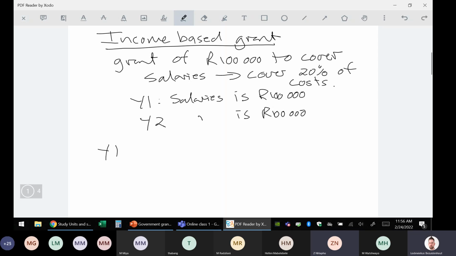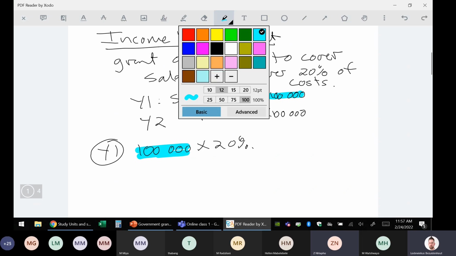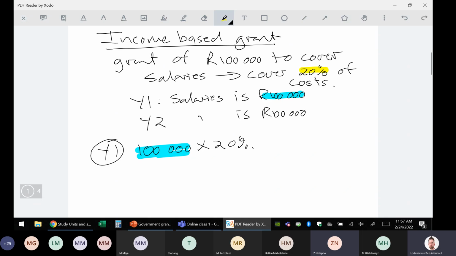In year one, we will say 100,000 salary cost times the 20%. So let's just highlight this so that we know which one is which. Salary cost, and we have the 20% and the 20%.